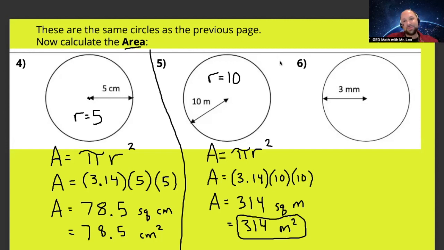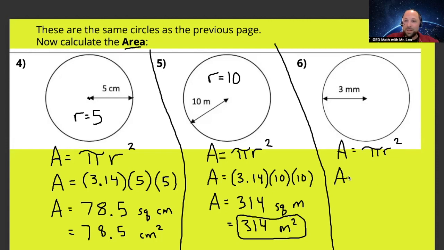Good. Next one, you ready? What's the first step? Right, write out the original formula. A equals pi r squared. Now let's plug in what we know. Pi is going to be 3.14. Radius is 3.